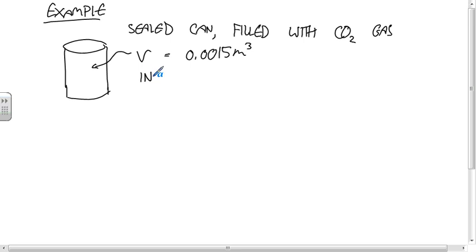And let's say that the can is initially at a pressure of 1 atm and a temperature of 20 degrees Celsius.